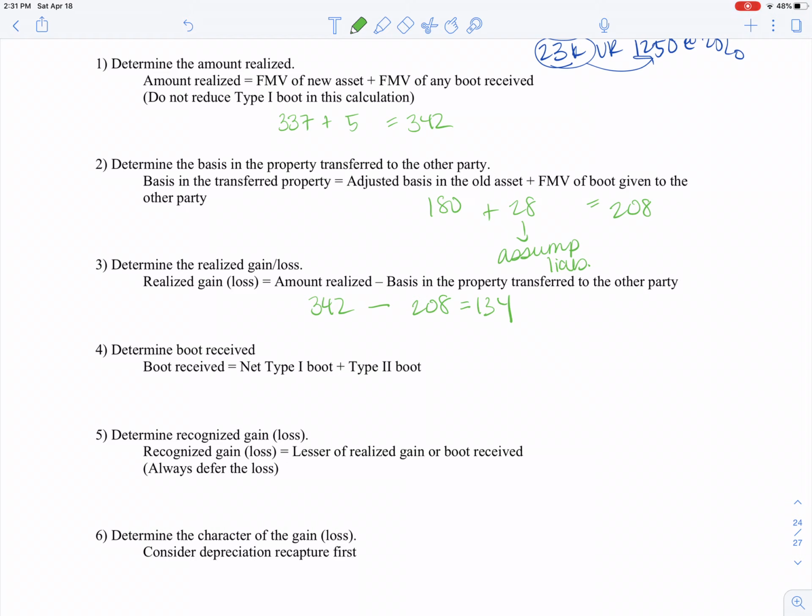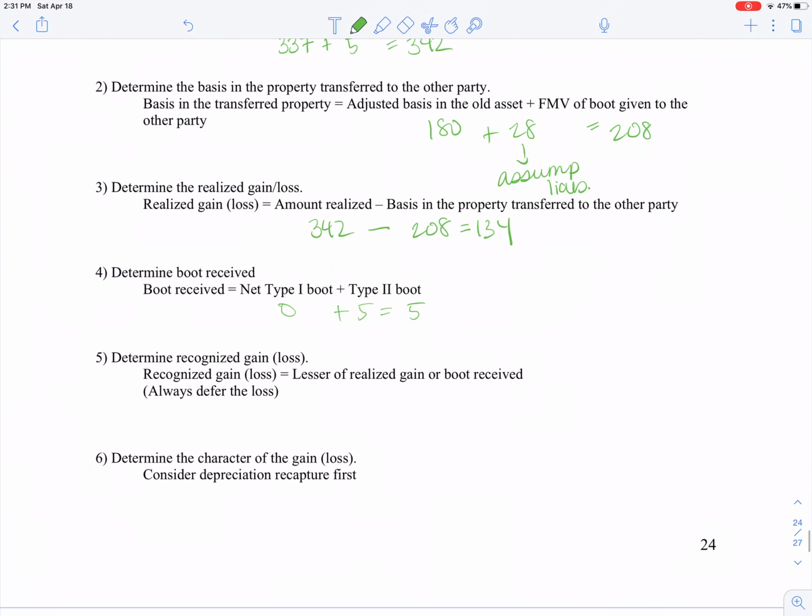Here we have no type 1 boot that we've received. Okay, so it's 0 plus 5 equals 5, which is the boot received. So our recognized gain is the lesser of the realized gain or boot received. So our recognized gain is 5.